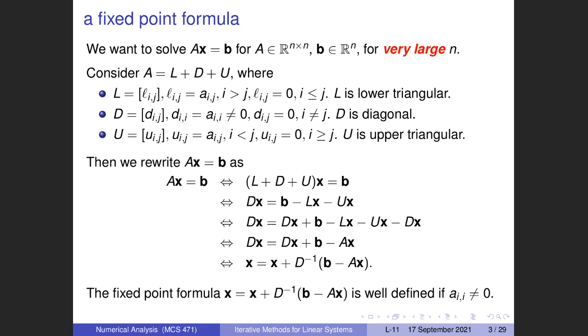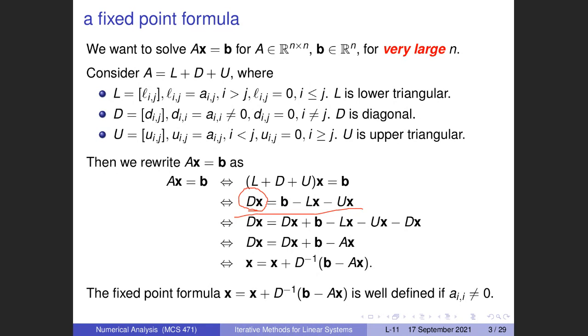So this decomposition, writing the matrix as a lower triangular matrix, the diagonal matrix, and the upper triangular part, allows us to rewrite the original problem as a fixed point problem. So here you see how this goes. We actually are trying to isolate the diagonal. So actually here we have already our fixed point problem.